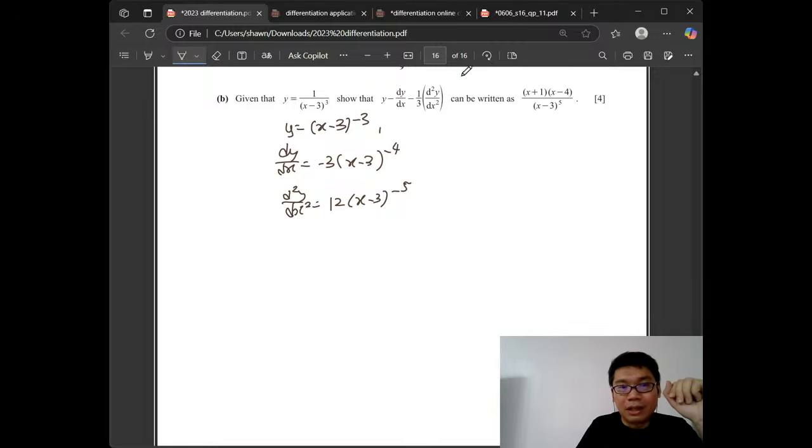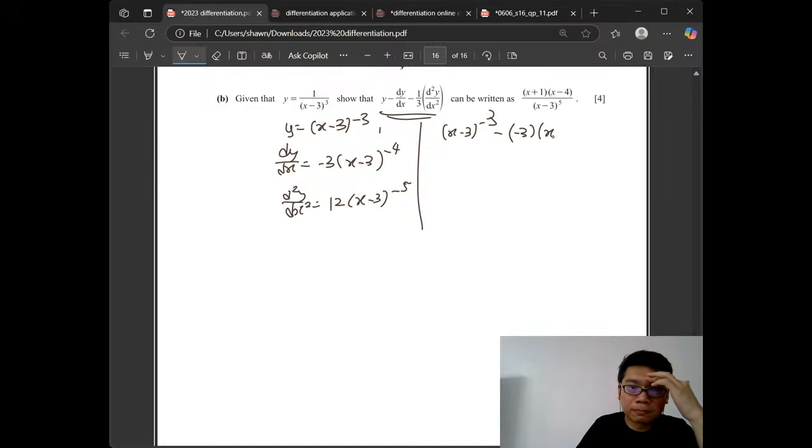Okay, after gathering the info, they ask us to show this. So we just follow the instruction. dy dx is this. So we just simplify.